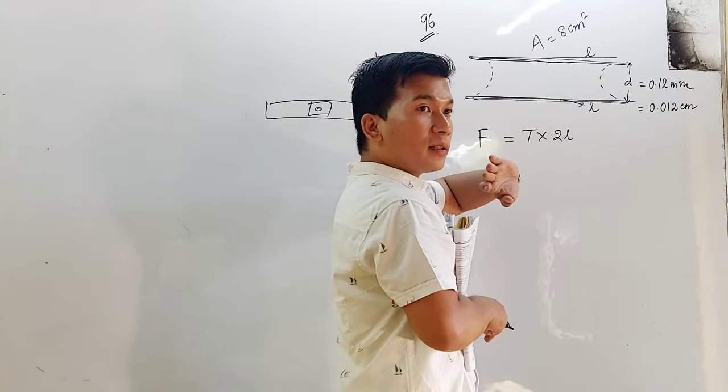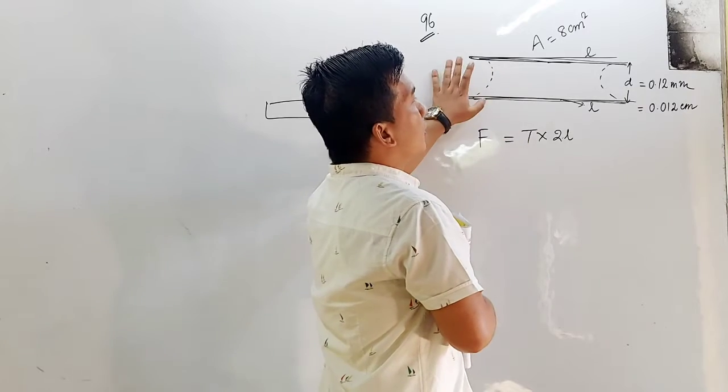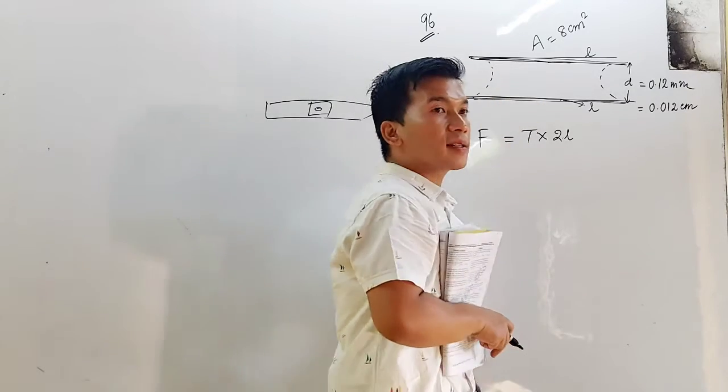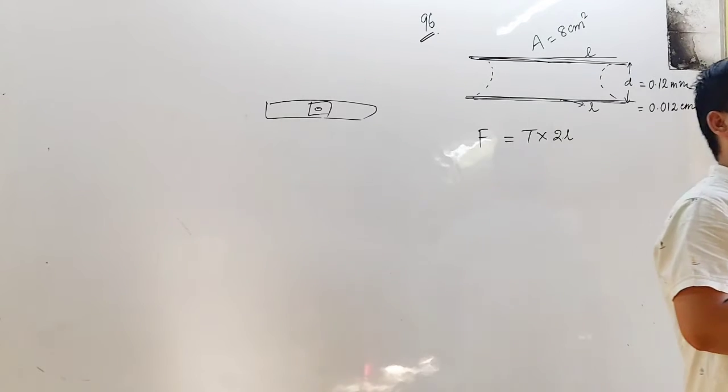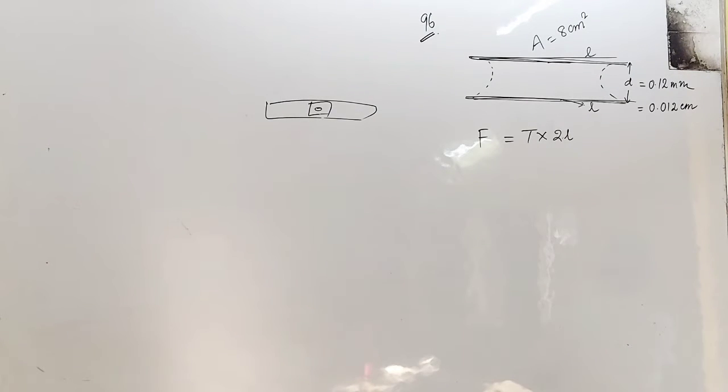It is very simple. How do we find out the length? The area of the plate is given, thickness is also given, and the distance of separation will be considered as thickness.